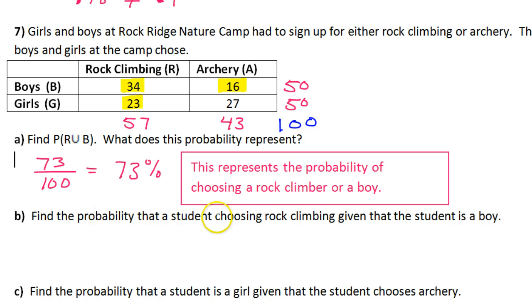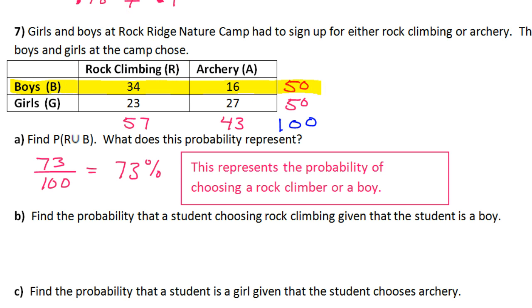Find the probability that a student chooses rock climbing given that the student is a boy. By now we're experts at this. When they say given something, we focus in on that like a laser. So given that the student is a boy, we're going to focus on the boy row.